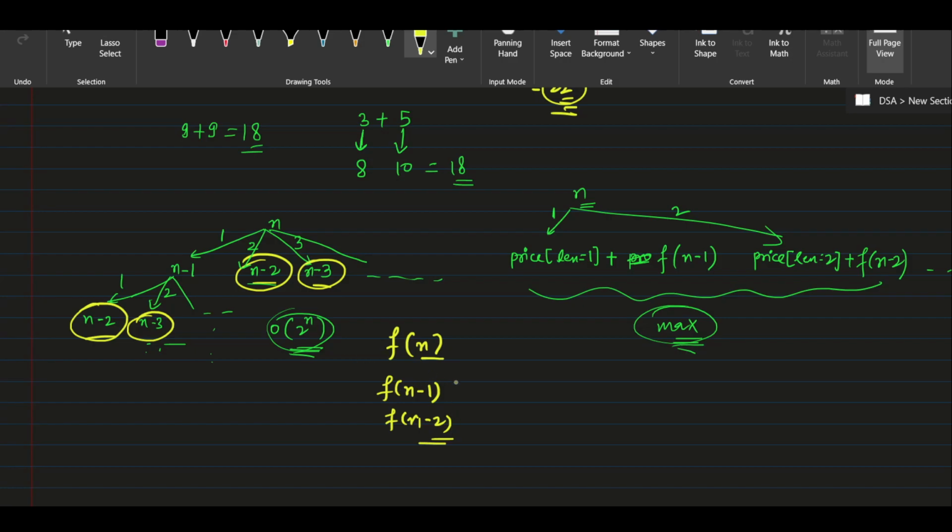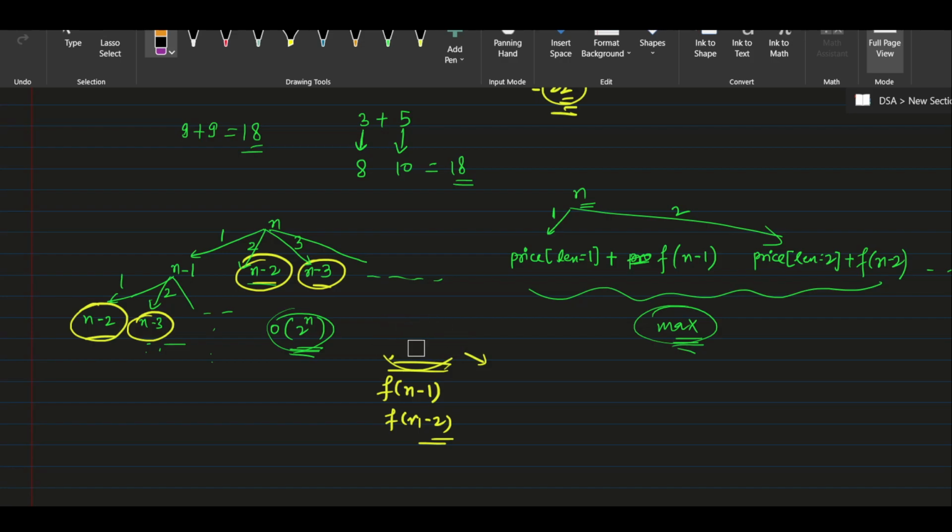This problem can be divided into subproblems, and the subproblems are of the same type as the original problem. So we can say that dynamic programming can be applied here.